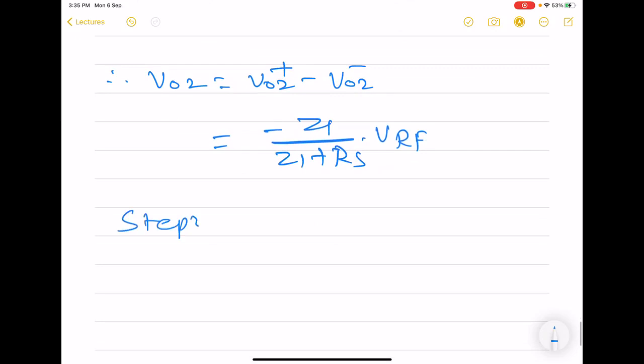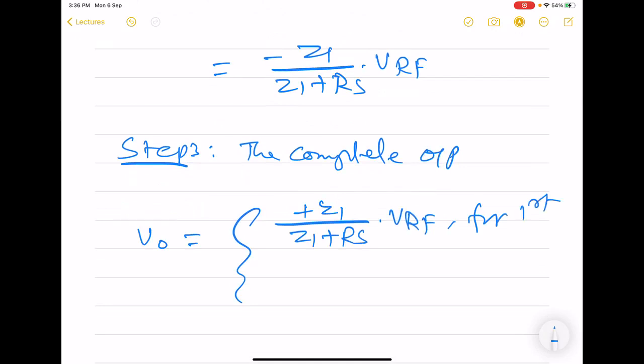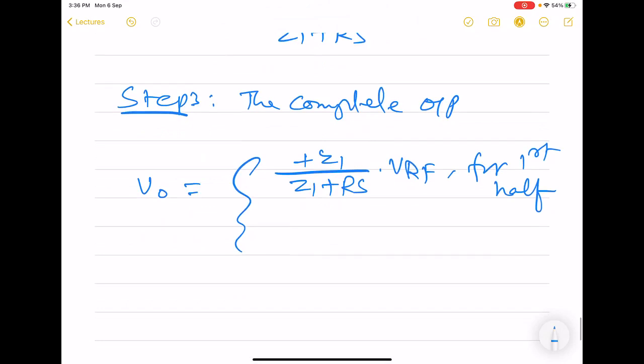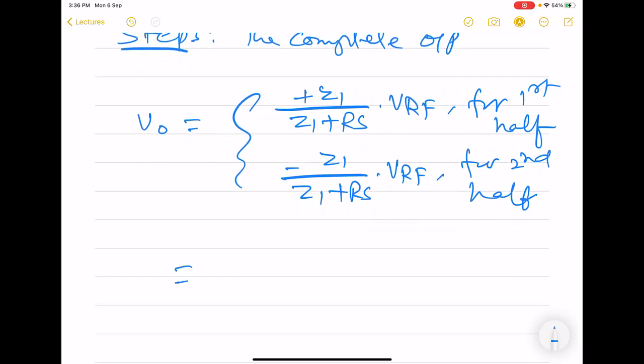So in step 3, we can write a combined output, or the complete output, and this is going to be equal to plus Z1 divided by Z1 plus RS into VRF for the first half, and for the second half the negative. So we can take the common factor outside.